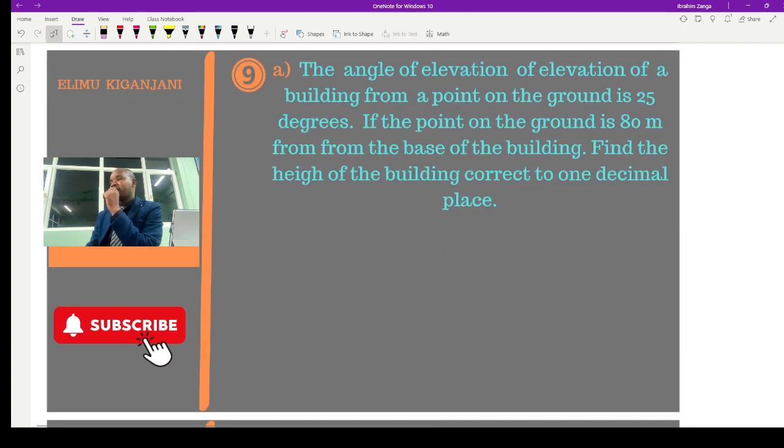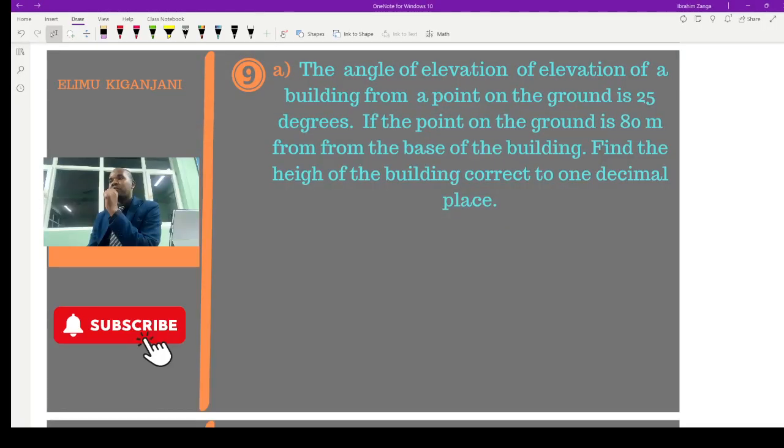Diving into the next question. The next question, this is question number 9, dear students. And the students were supposed to apply the concept of trigonometry to solve the question.